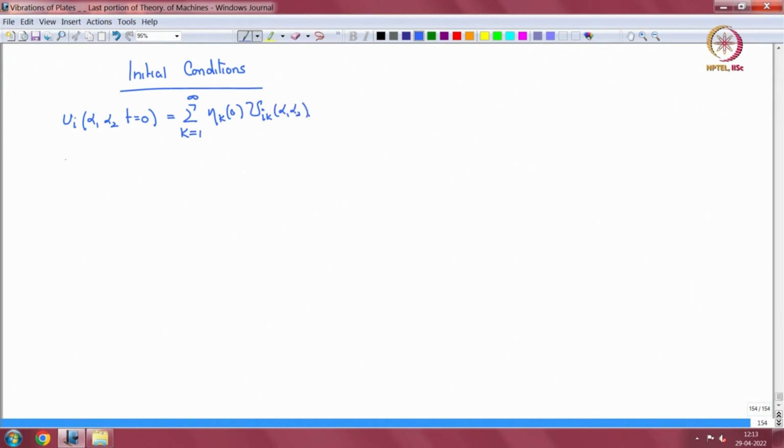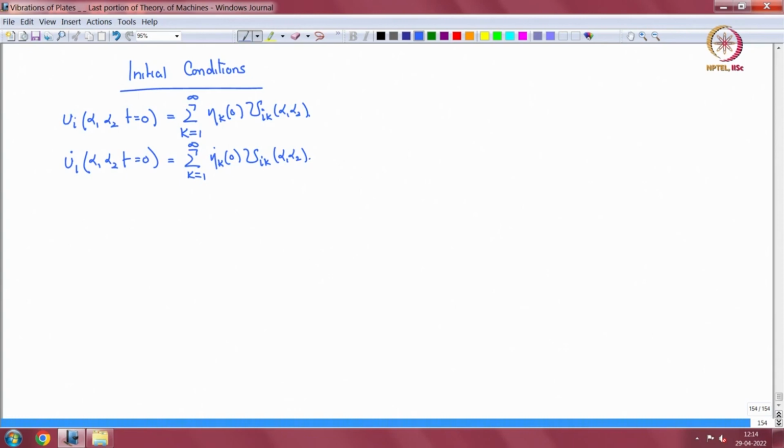Similarly, the velocity uI dot alpha 1 alpha 2 at t equal to 0 is the summation over k of eta k dot uIk alpha 1 alpha 2.